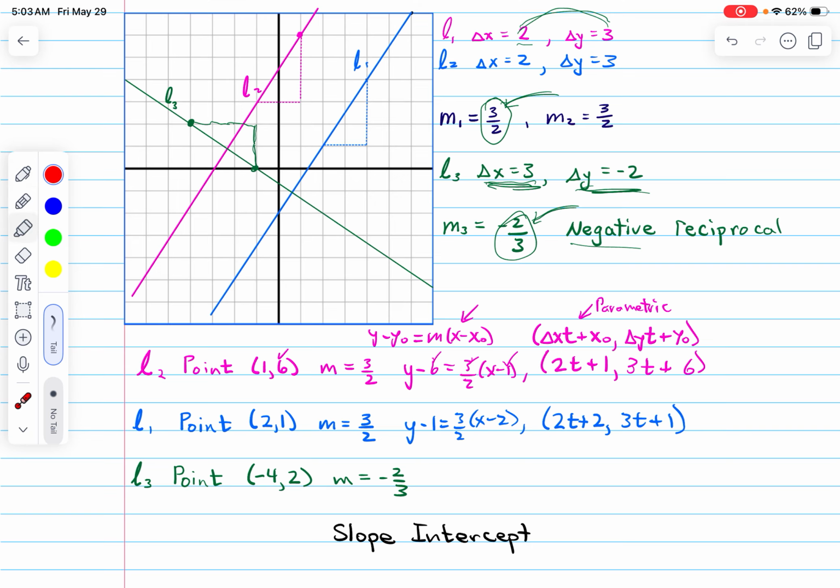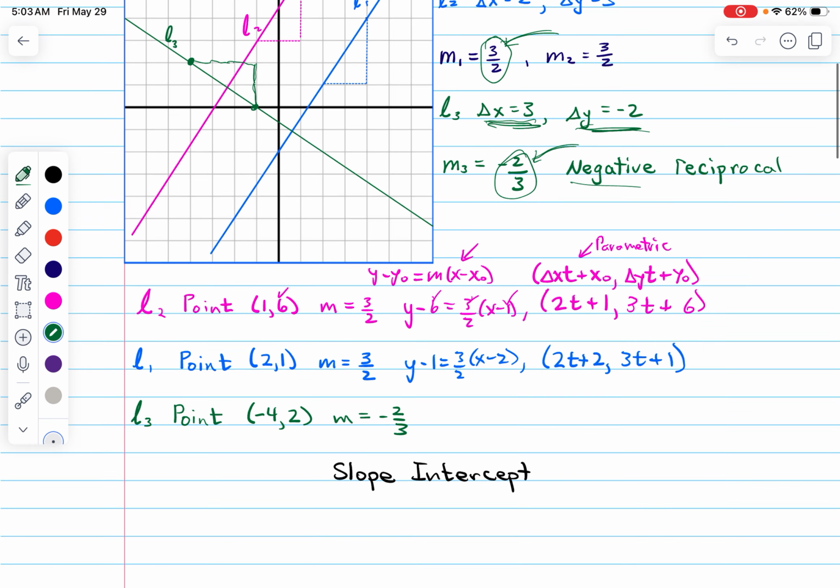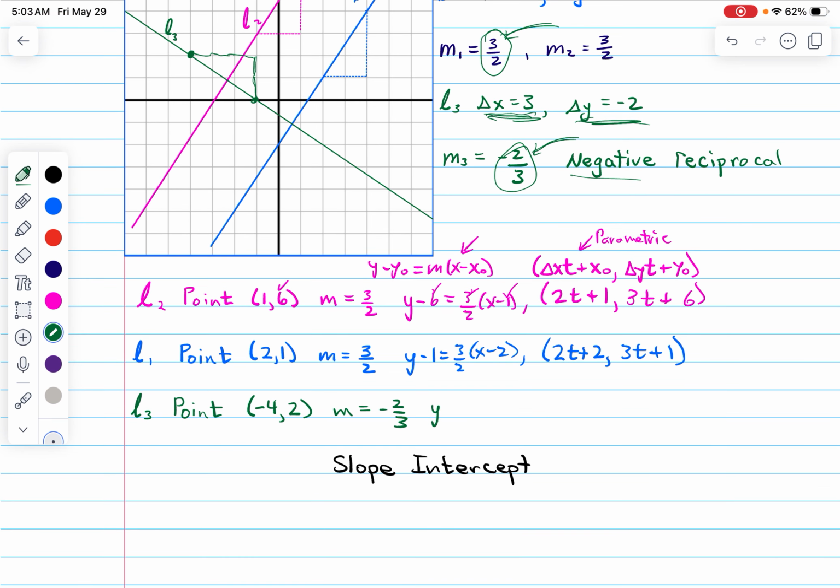Now, what we want to do next is we want to write the equation for that perpendicular. So here it goes. y minus 2 equals negative 2/3 times x minus a negative 4. Well, that would be an x plus 4. See, the plus 4 came from the fact that we're doing x minus a negative. So x minus a negative 4, that'd be a plus. Okay.